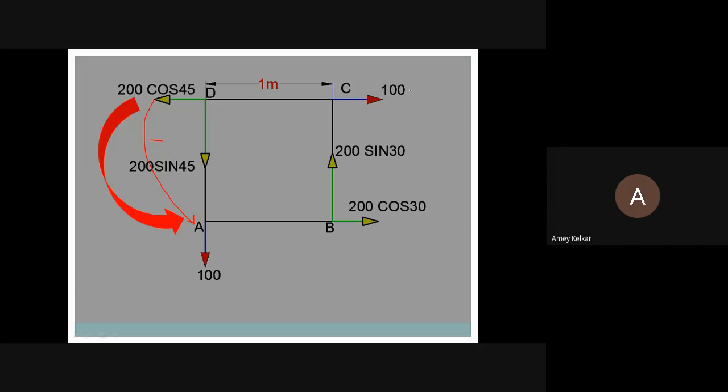Now, can anyone tell me how this 100 kilonewton force will move towards point A? In which direction? If I'm going like this, I cannot come back; I cannot repeat the path. So this force will move like this.